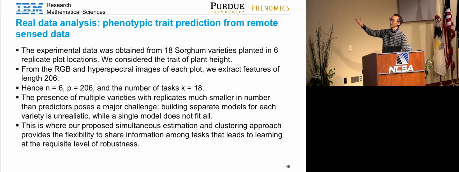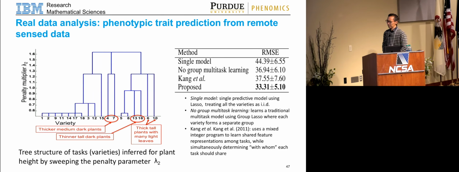But because we can take advantage of the similarities that exist between the varieties, we could actually build a decent model using this type of approach. And this is an example of clustering that the algorithm came up with for the varieties. And the same expert noted that these varieties that are clustered together seem to share some common features.